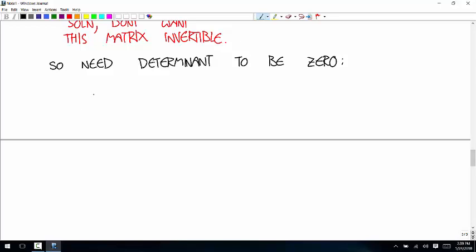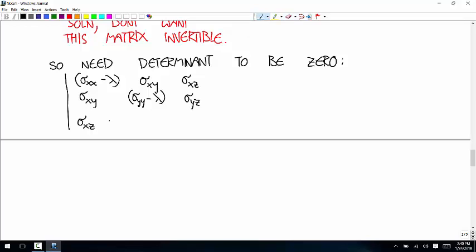Our problem then is, I'm going to rewrite these: sigma xx minus lambda, sigma xy, sigma xz, sigma xy, sigma yy minus lambda, sigma yz, sigma xz, sigma yz, and then sigma zz minus lambda. That determinant has to be equal to 0.